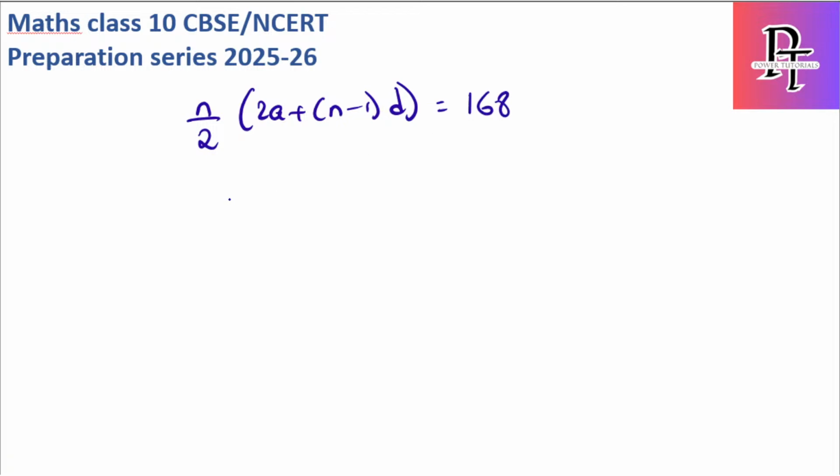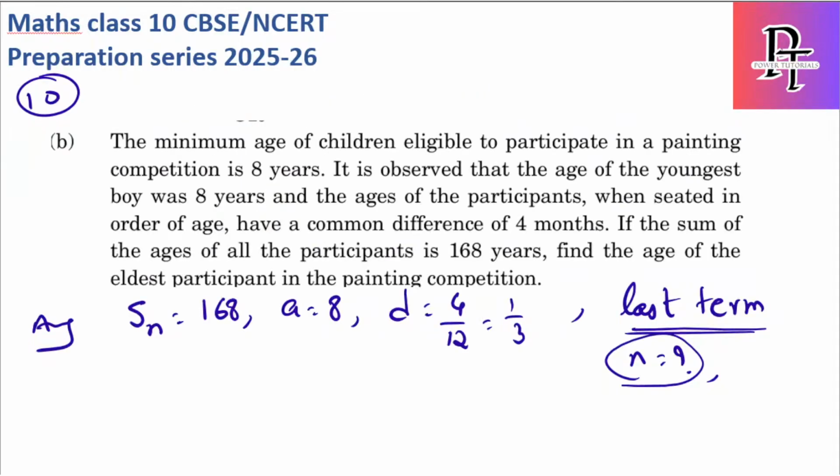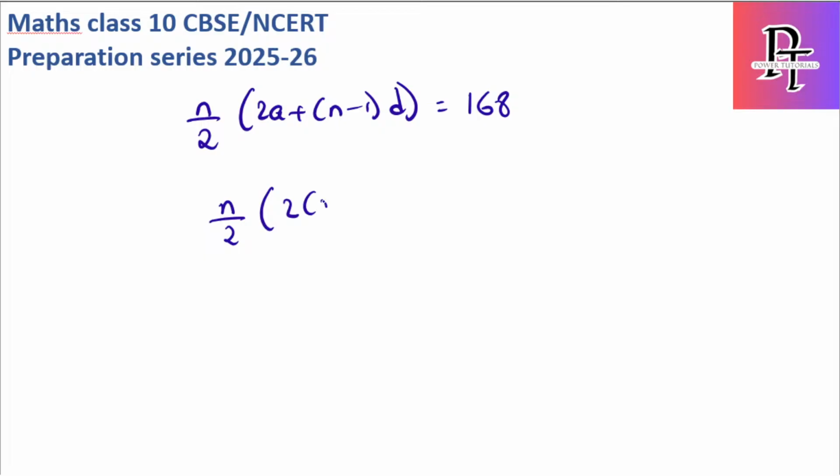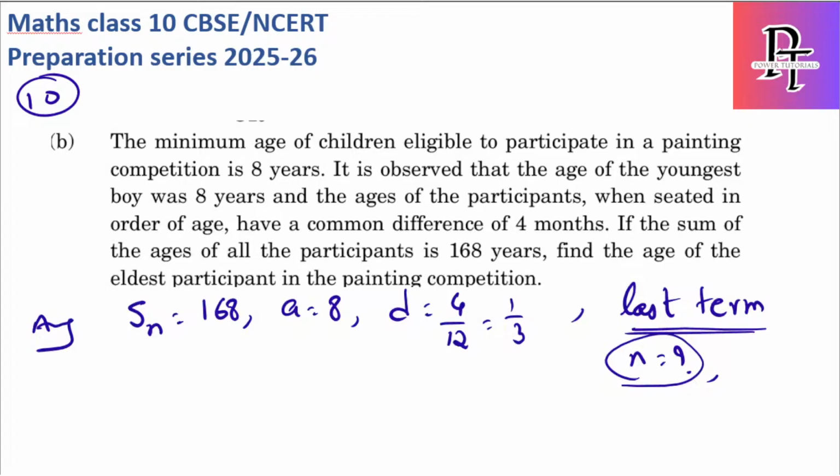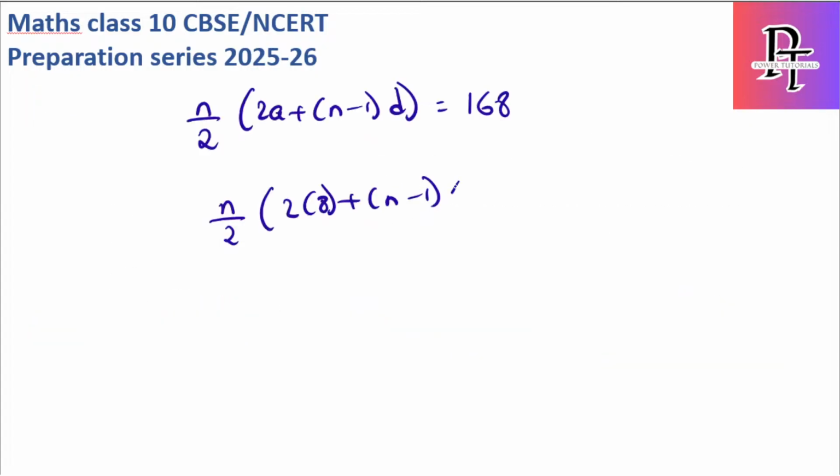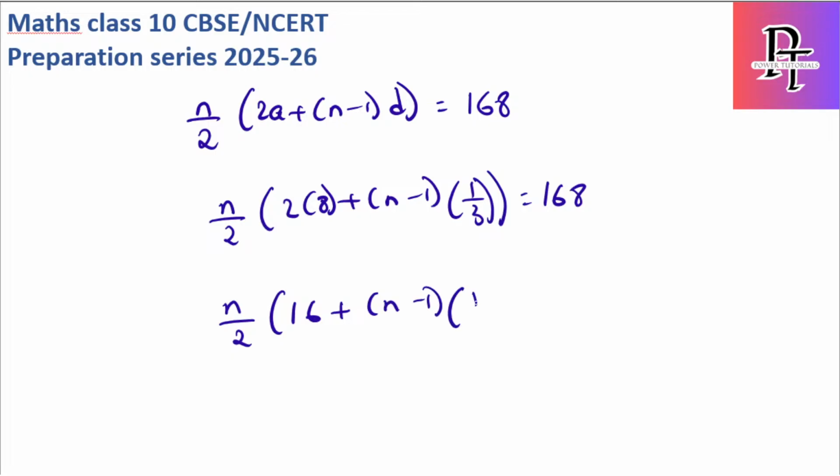We need to get the n value first. n by 2 into, what is the a value? 8, so 2a is 16, plus n minus 1 into d value, which is 1 by 3, is equal to 168.